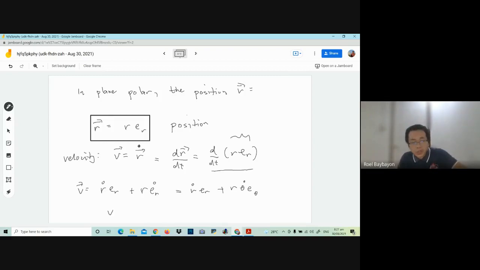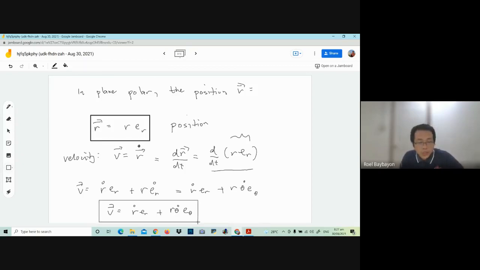Therefore, my velocity is actually equal to r dot e_r plus r theta dot e_theta.